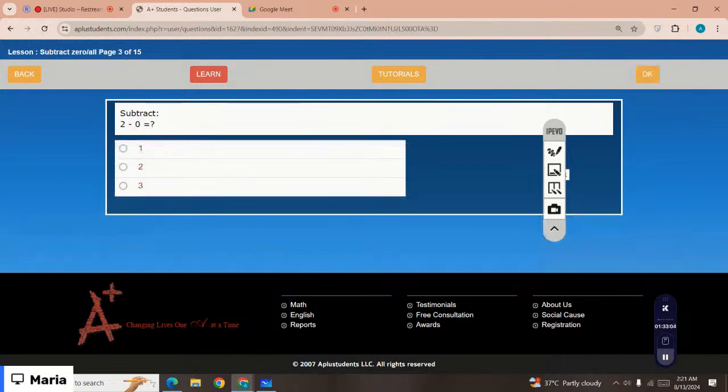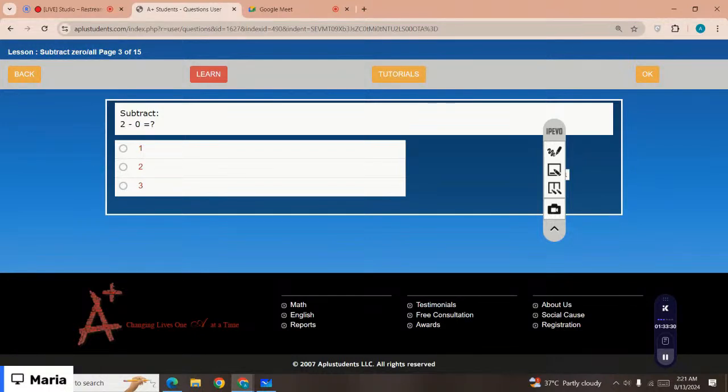The next one is subtract 2 take away 0. So 2 take away 0 equals. Yes, whatever number you are subtracting 0 from, the answer is always the same number.